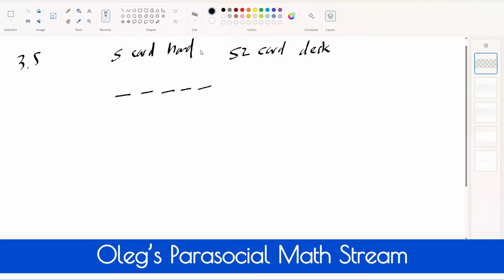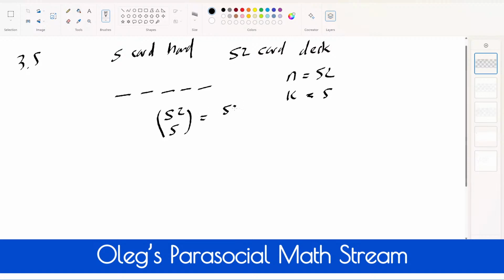All right. So basically, our N is going to be 52, and then our K is going to be 5. So it's going to be 52 choose 5.